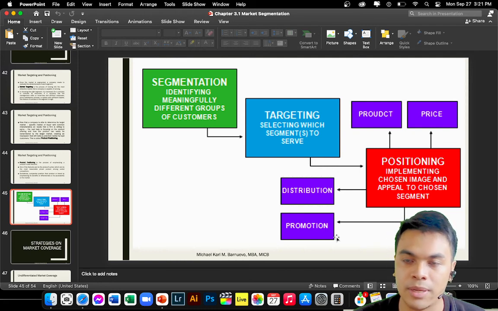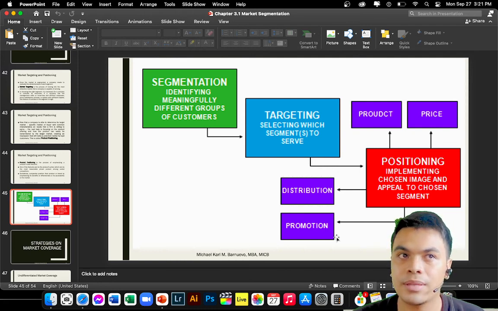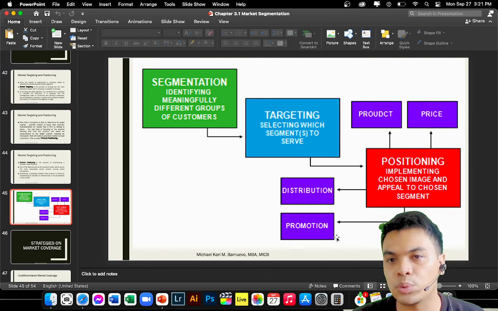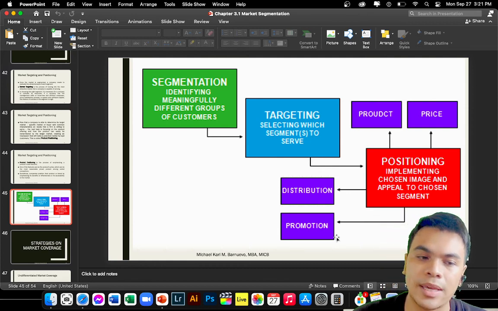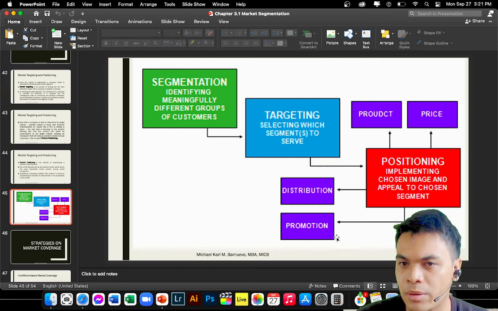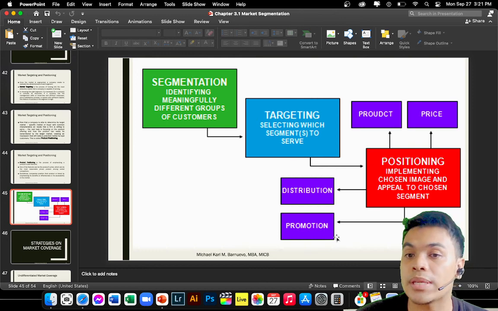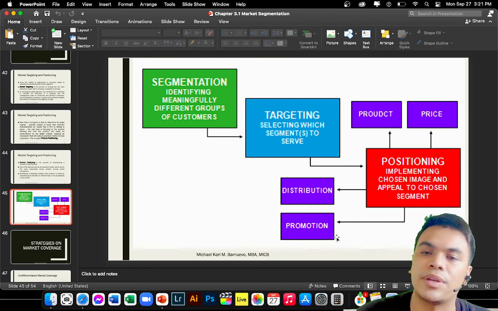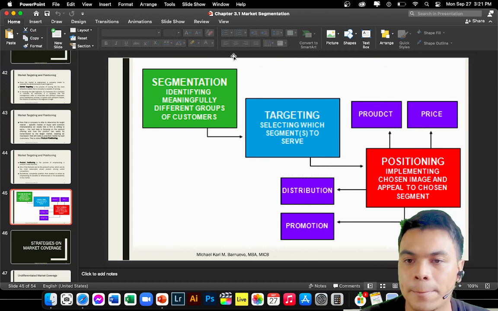An example is the tuna pie, which they recently released seasonally. It's an innovative product. Yet when it first came out, we did not know the taste of that product. But since it is associated with Jollibee, it would be successful. It became successful eventually. That is the beauty of positioning.